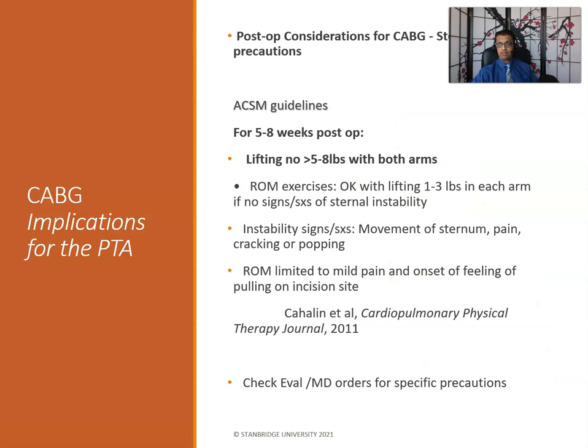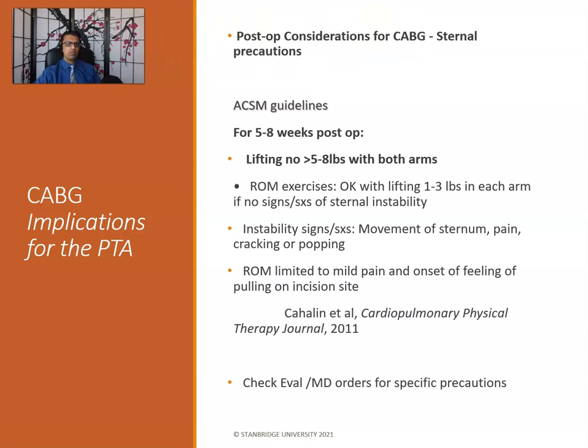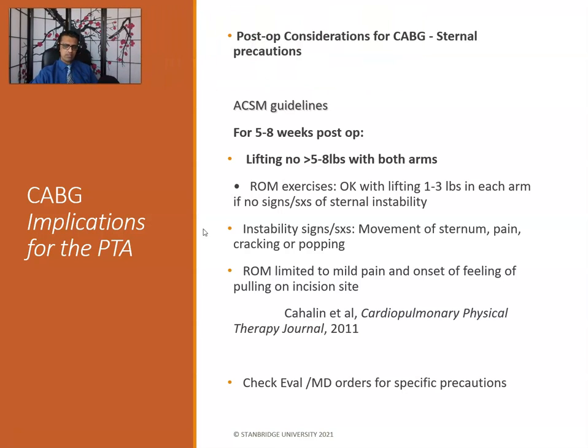Now, this is very important. As a PTA, what do we do for implications? This will definitely be on the quiz, and so we'll end part 1 of chapter 9 with this. But post-op considerations for a CABG, or sternal precautions. You should know this for the boards as well. ACSM guidelines for 5 to 8 weeks post-op: lifting no greater than 5 to 8 pounds with both arms.